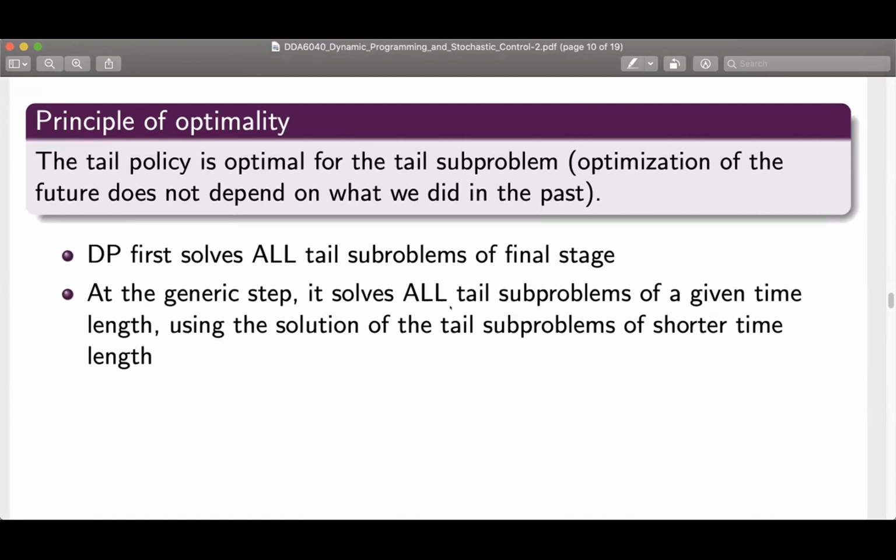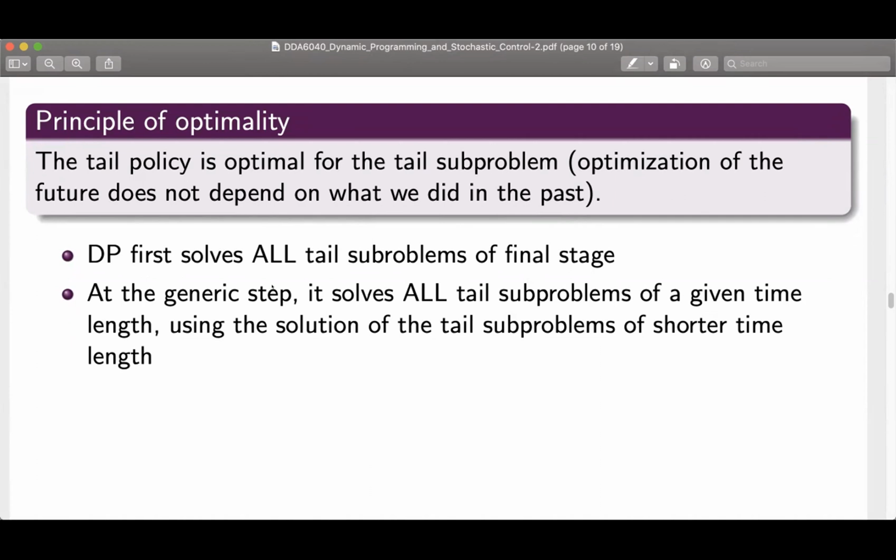From here, we can derive the DP algorithm. The DP algorithm first solves all the tail subproblems. It solves backwards. It first solves the smallest problem, the final stage, a one-stage problem, which is the simplest.